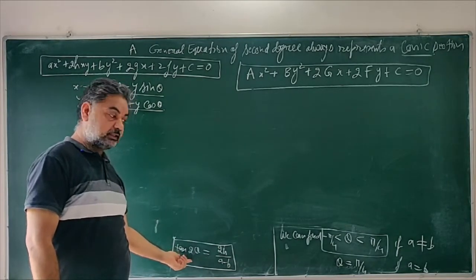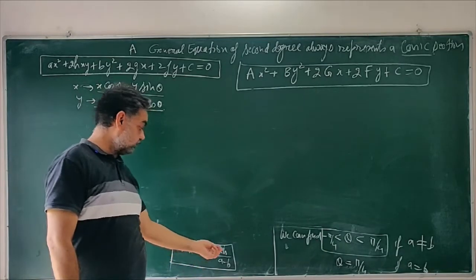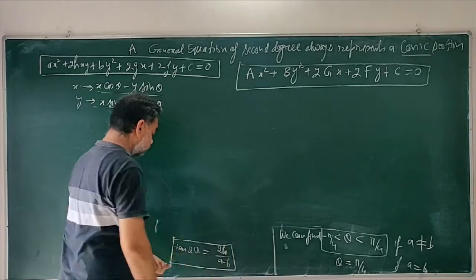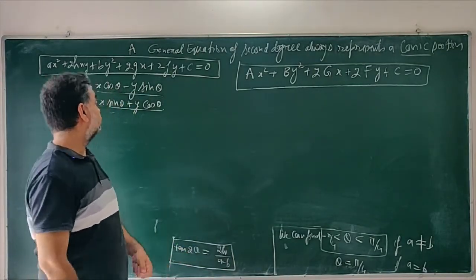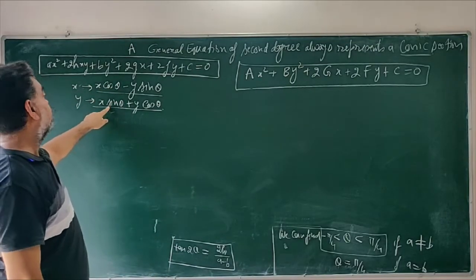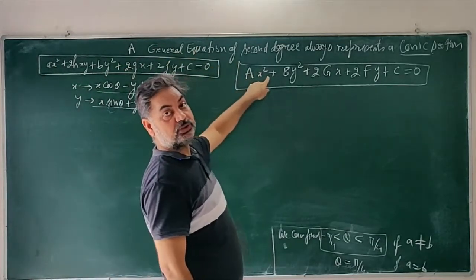If you find theta from this equation, tan 2 theta is equal to 2h over a minus b, then putting that value of theta in these transformations, we can reduce this equation to this type of equation.